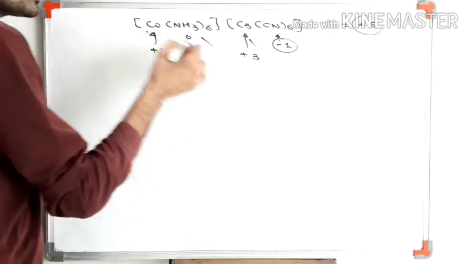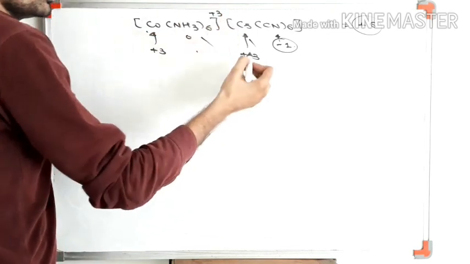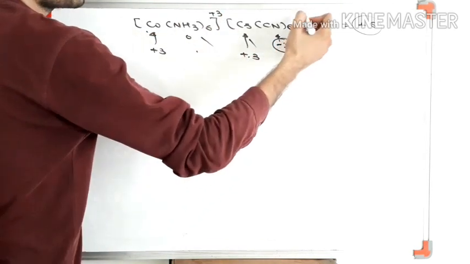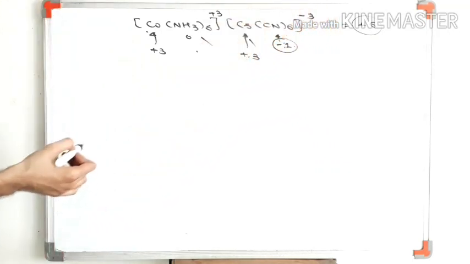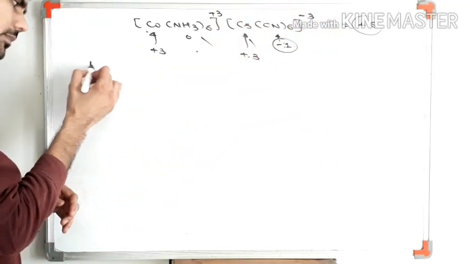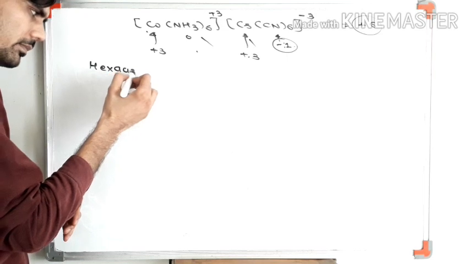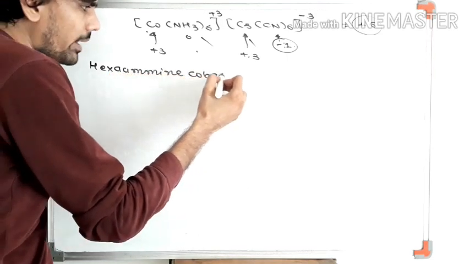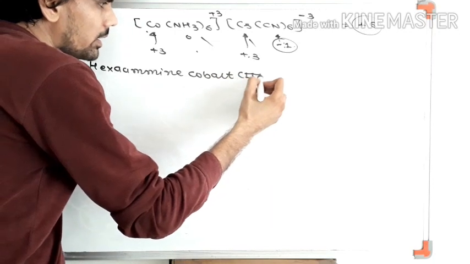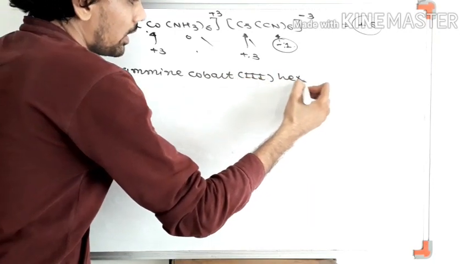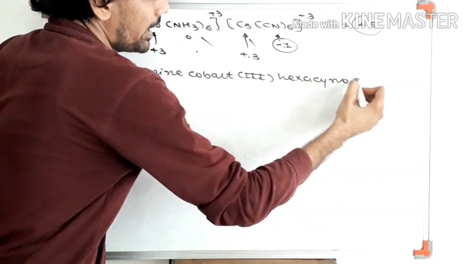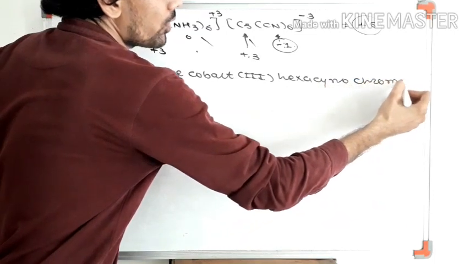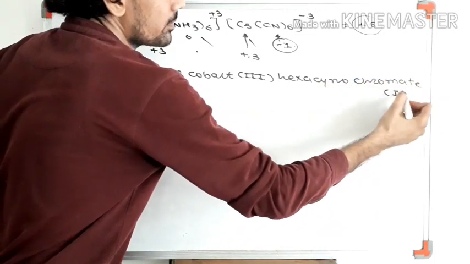Then +3 and 0, and +3 and -1 times 6 is -6, giving -3. The name should be hexaamminecobalt(III) hexacyanochromate(III).